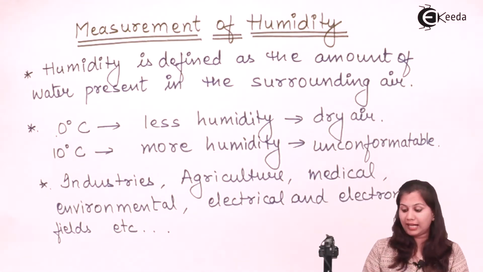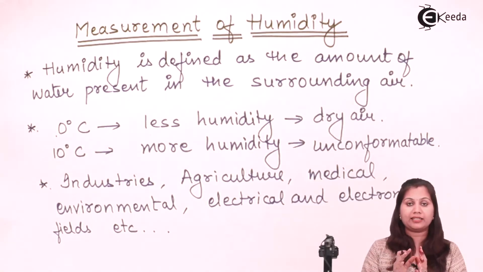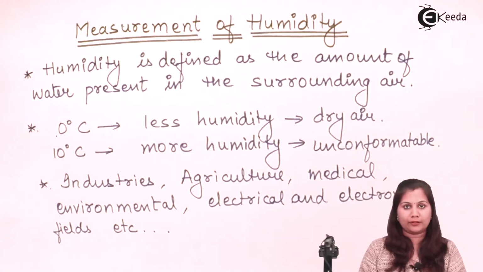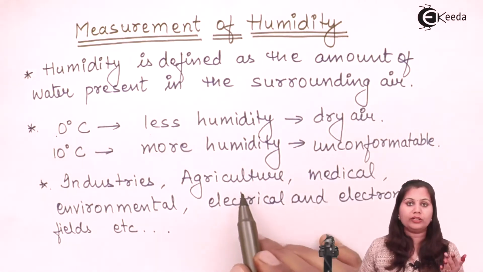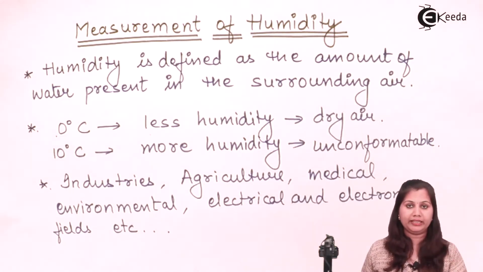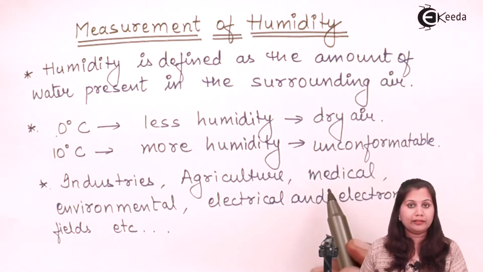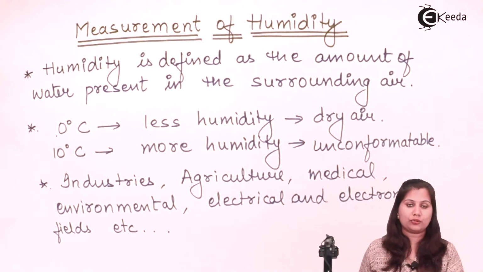So you can see that humidity affects the conditions of fire in industries. In agriculture also, if the humidity changes, it affects the growth of the plants. In the medical field, in instruments like ventilators and incubators, humidity also plays a very important role.